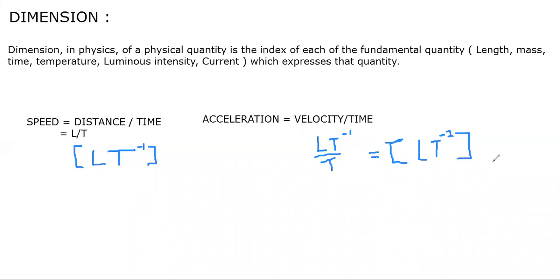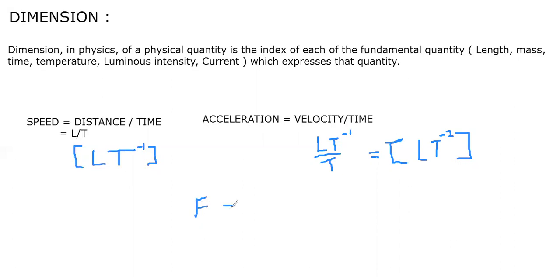Now every quantity can be expressed in terms of M, L and T in mechanics. So we will be dealing with mechanics only in the first half of this class 11. So basically we will be dealing with mass, length and time when we are talking about the dimensions. Now let us say force. Now you want to find dimension of force.